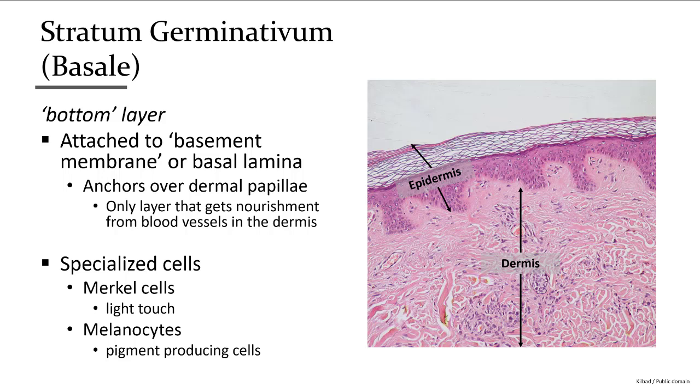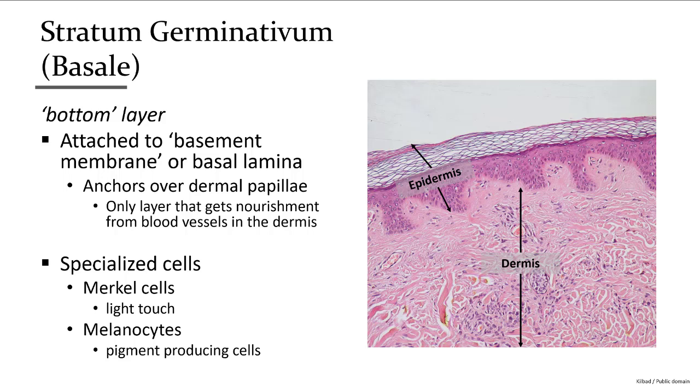So the stratum basale, also known as stratum germinativum, is the bottommost layer of the epidermis. It's our healthiest layer because all the blood vessels are in the dermis. Remember, epithelial tissue is avascular. It doesn't have any blood vessels. So the ones that are closest to the blood vessels are the healthiest ones.